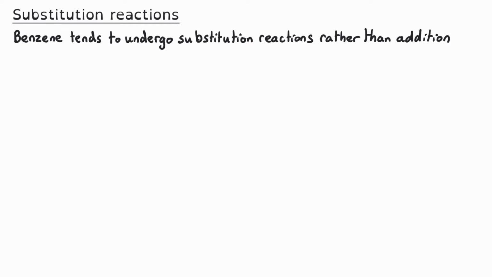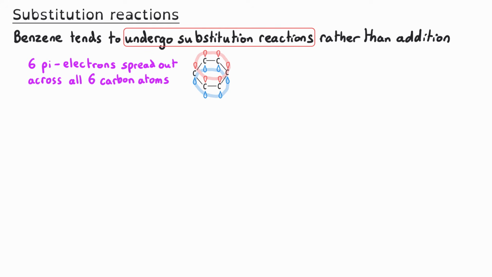Benzene and other aromatic compounds tend to undergo substitution reactions rather than addition, and the reason for this is down to the stability provided by the delocalised pi electrons. And remember, this is where the 6 pi electrons spread out across all 6 of the carbon atoms, forming a pi electron cloud, which is what the circle is representing when we draw the benzene structure.